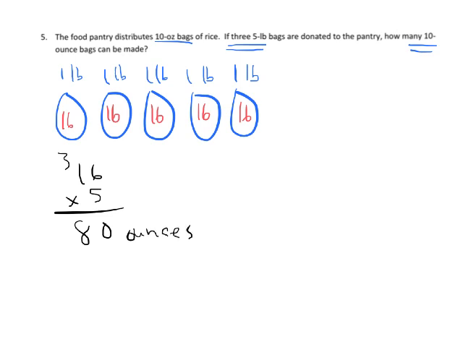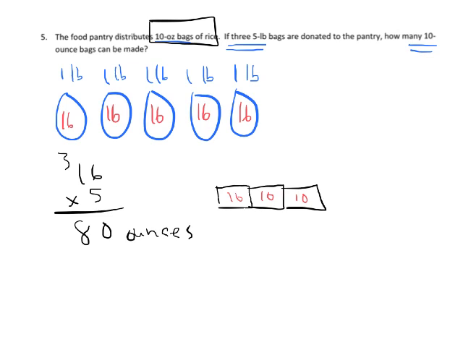And then they're going to put them into 10-ounce bags of rice. So how many tens are going to be in 80? So here's a 10, here's a 10, here's a 10.